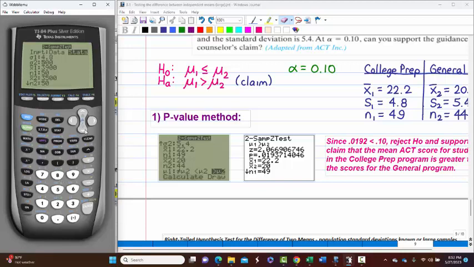Second one's 5.4. First sample mean is 22.2. First sample size is 49.